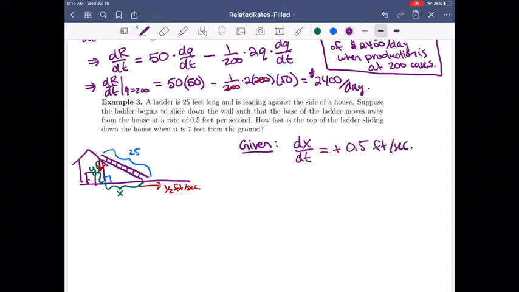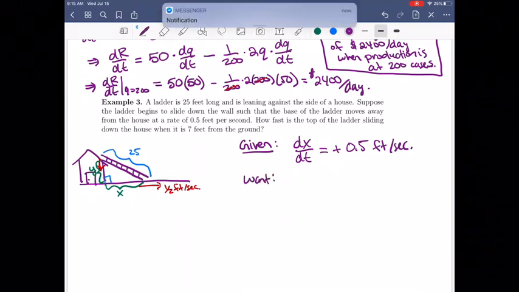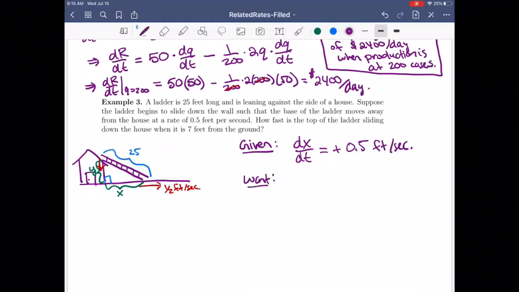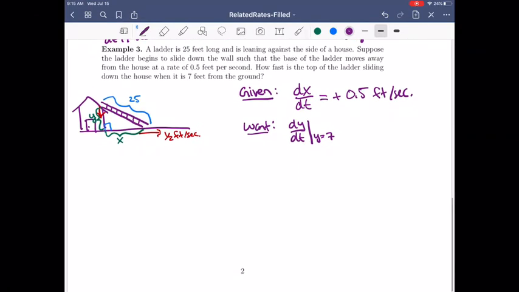Now what we want is how fast the top of the ladder is sliding down. So what we're looking for is dy/dt, when the top of the ladder is 7 feet from the ground, so when y equals 7. That means we want an equation that relates x and y.